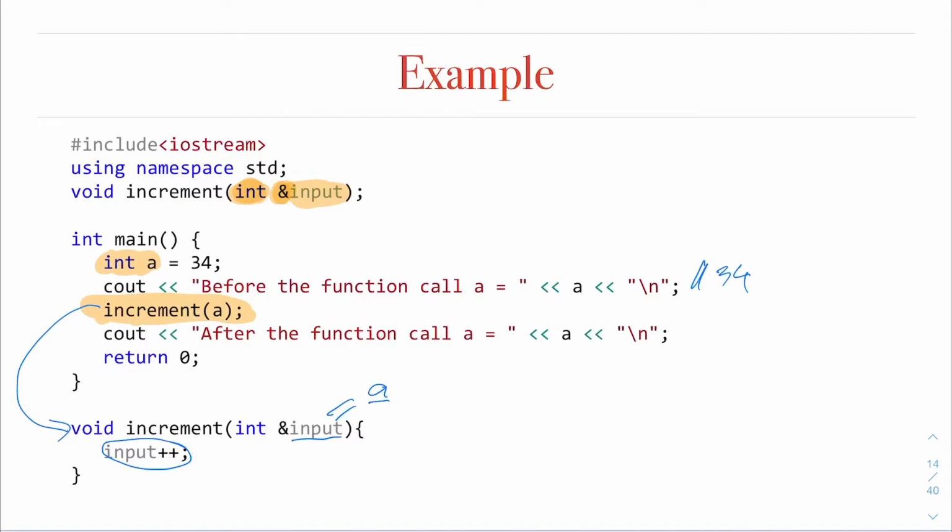And so you have here 35. Okay, that's easy, right? So keep in mind that when you use reference, you want to use that parameter as input but also as output. Okay, but there is another issue. There is another reason why we need reference, and I want you to think about it, and I can discuss it with you in the class.